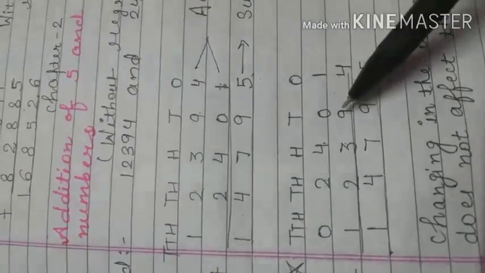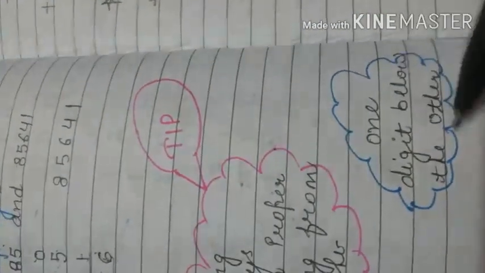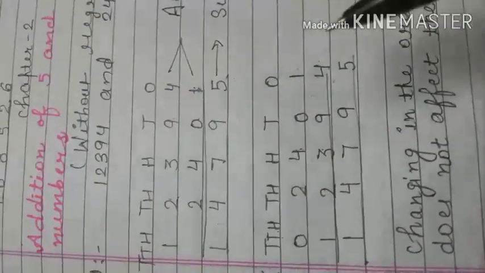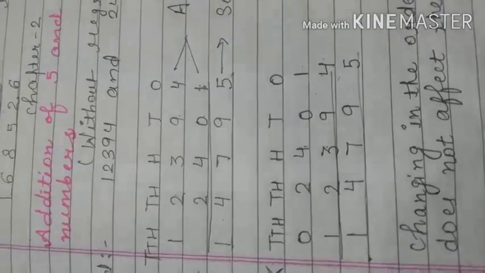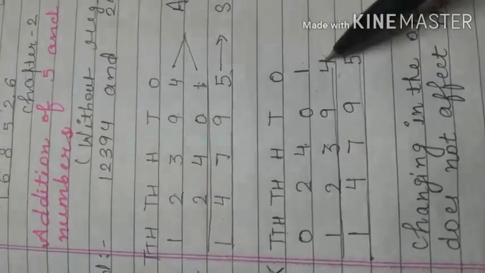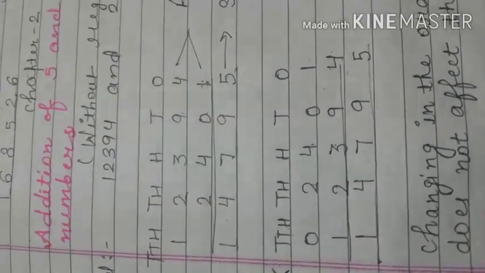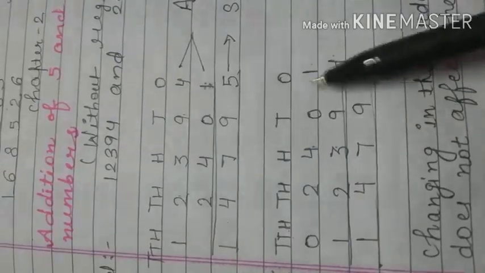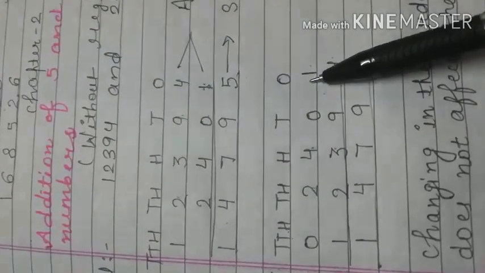Always start from the right side and one digit below the other. Make sure that you are properly arranging the numbers. It should be below the other digit and start from the rightmost corner, and there should be proper gap between the digits.